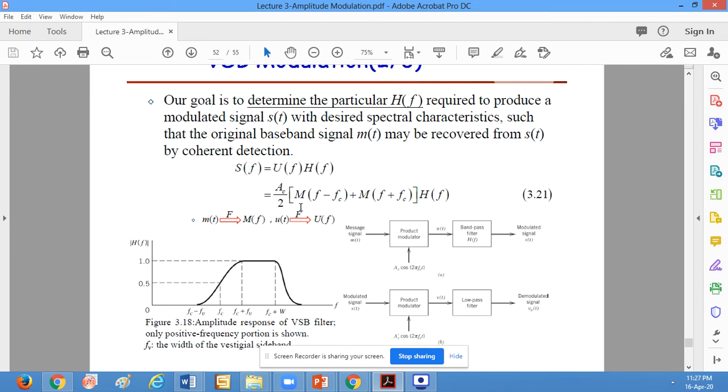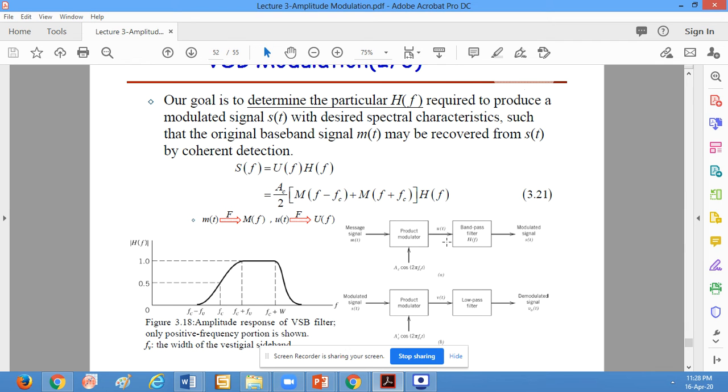The second term is the message signal, phase shifted, at f minus fc and f plus fc, multiplied by the response of the filter. Here m(t) has the Fourier transform M(f), and u(t) has the Fourier transform U(f). So we have the product modulator, the message signal, and the carrier, and the output is u(t).